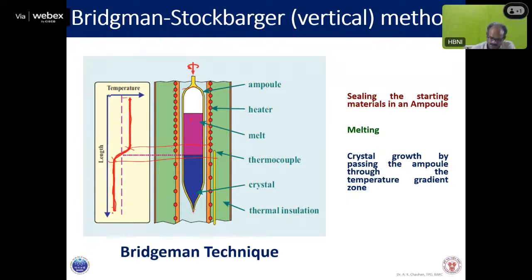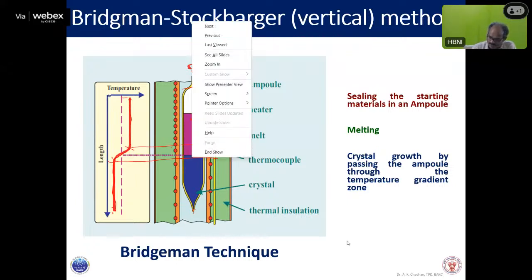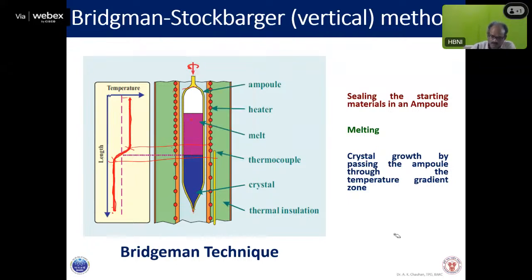If you want to provide a seed, you can place a seed here at this point, and when the melt comes to this point, it starts to solidify, and then you slowly bring it down. So this is the interface. Above this it is liquid, and below this it is solid, and if you bring it down, the entire material will solidify in the form of a single crystal.